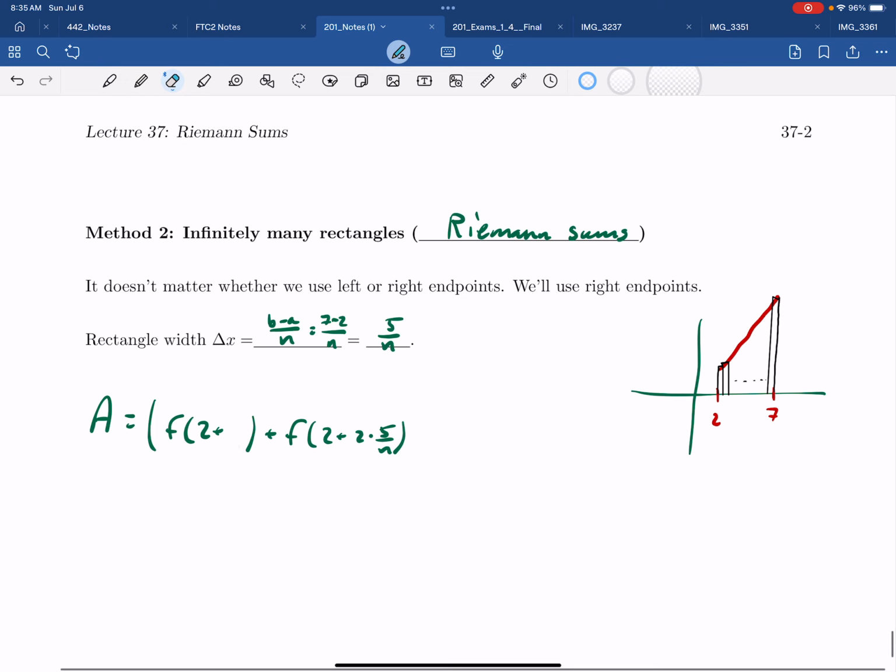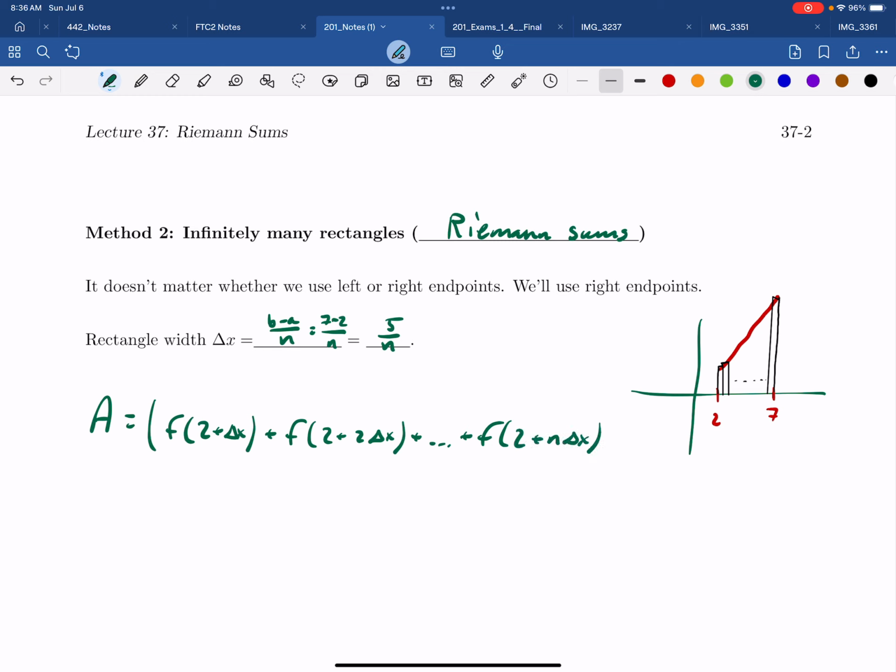Let me rewrite 5 over n as delta x, just to make this crystal clear, because we're moving one width to the right each time. And so then the last one is going to be 2 plus n times delta x. And that's the sum of all the heights. And we're multiplying all of that by delta x.